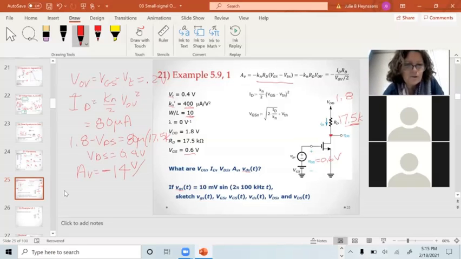I just stick units on it of volts per volt. And it's just that reminder, that and the A sub V instead of A sub I for current, or A sub P for power. It's not wrong if you write minus 14, but it's one of those things like not putting the subscripts on the transistor that causes you to make mistakes later on.